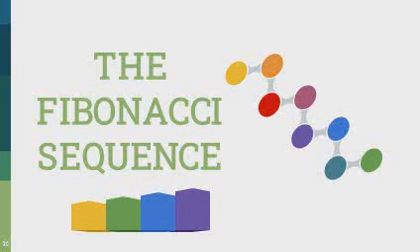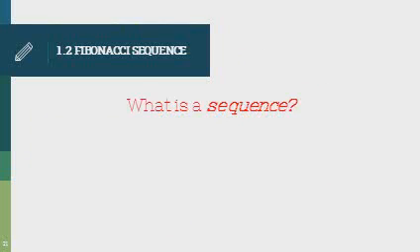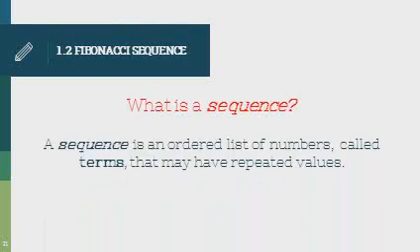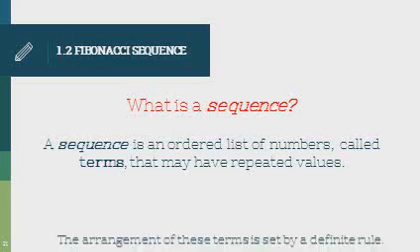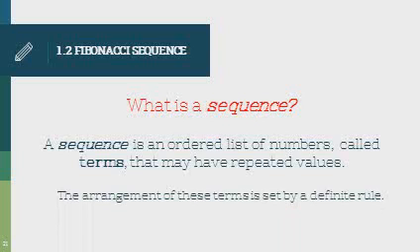So, let's proceed with the next subtopic, which is the Fibonacci sequence. So, what is a sequence? A sequence is an ordered list of numbers called terms that may have repeated values. The arrangement of these terms is set by a definite rule.